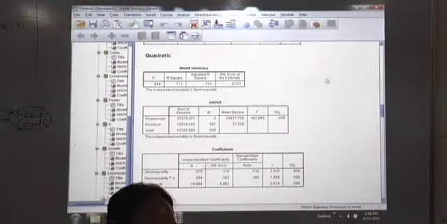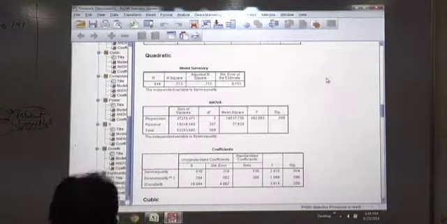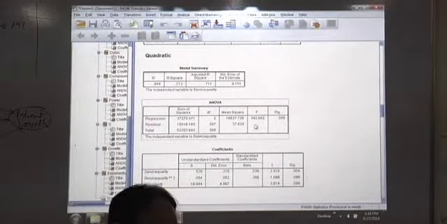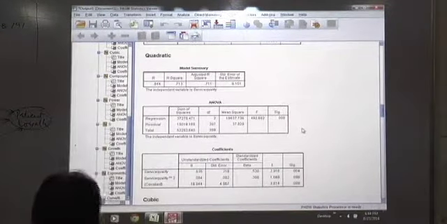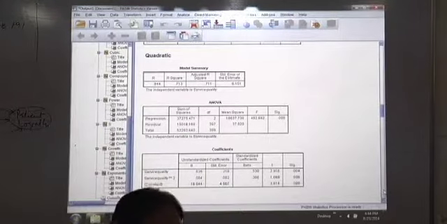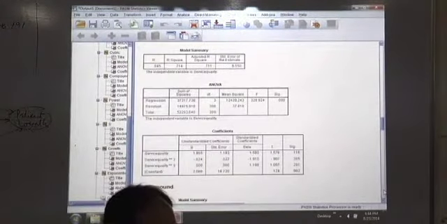Quadratic 0.713 and 711. It is almost equal. And 492 is smaller. So F is smaller, R is slightly larger, so they are equal. Cubic 0.714 and 328. Again, similar situation.